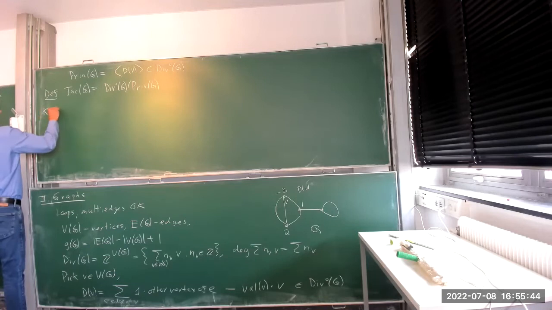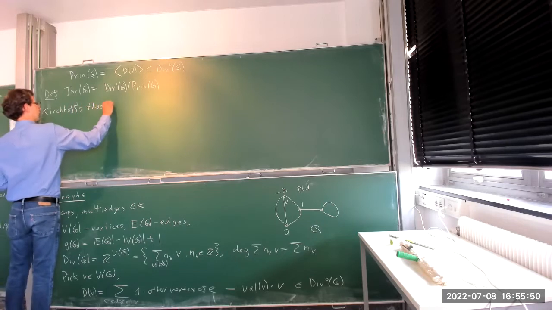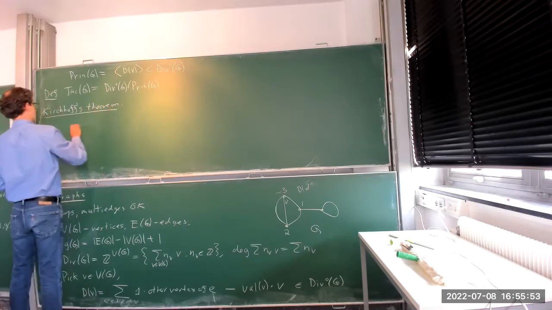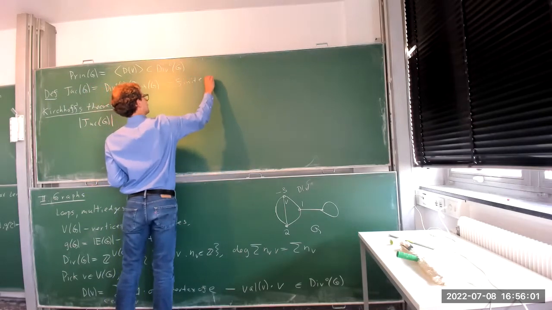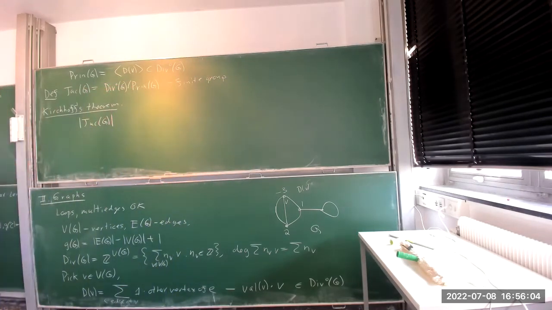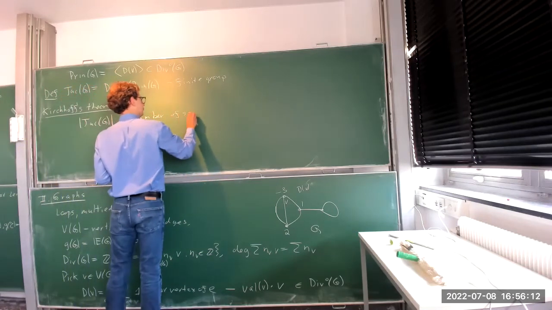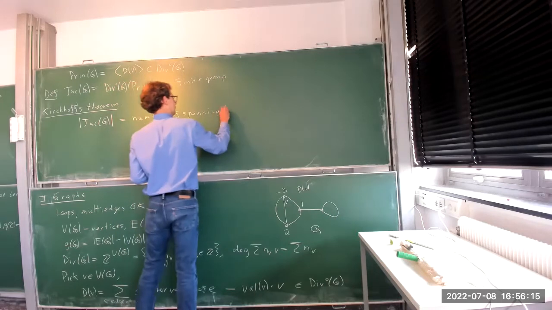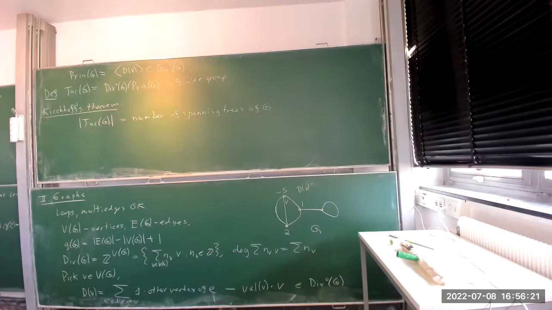So Kirchhoff's theorem is that the number of elements in the Jacobian, so first of all, I should say this is actually a finite group, is the number of spanning trees of G.